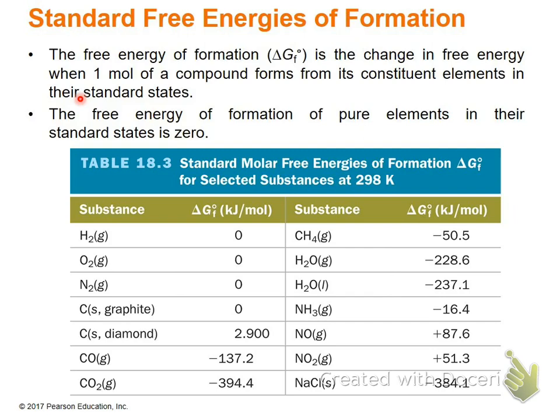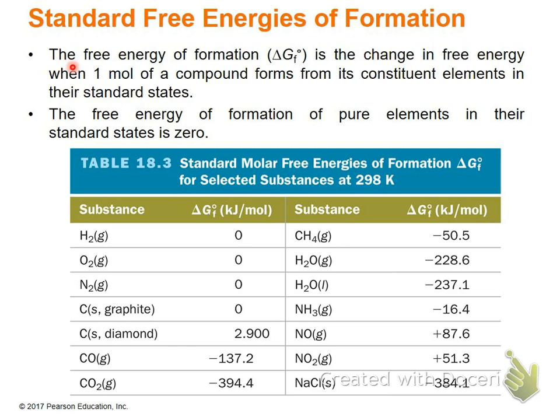All right, but first let's talk about delta G of formation. Delta G of formation, or the free energy of formation, is the change in free energy when 1 mole of a compound forms from its elements in their standard states. So for pure elements, we designate the value of 0 in their standard states.